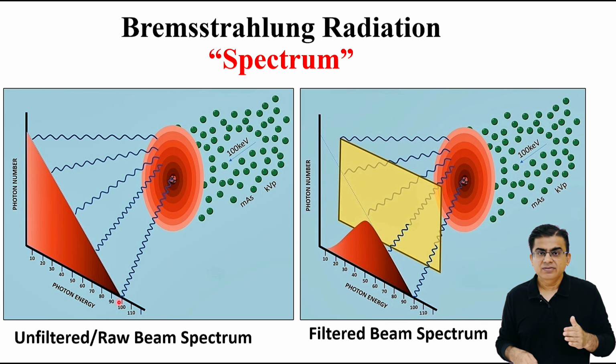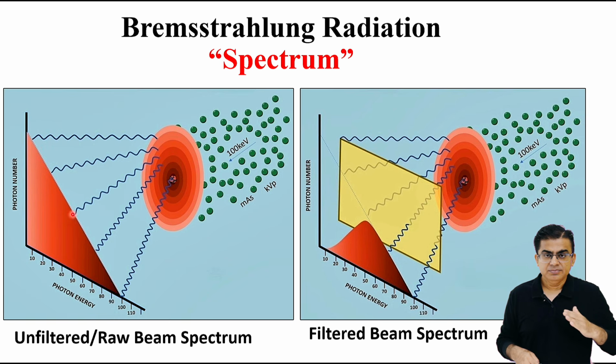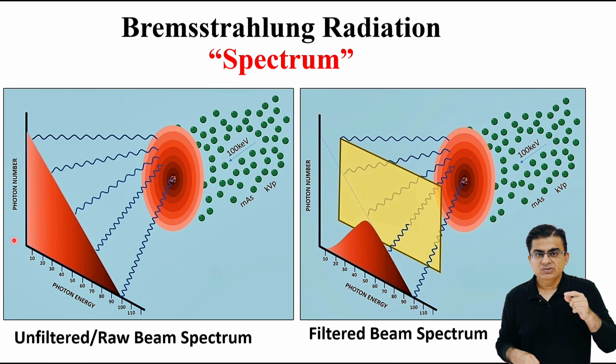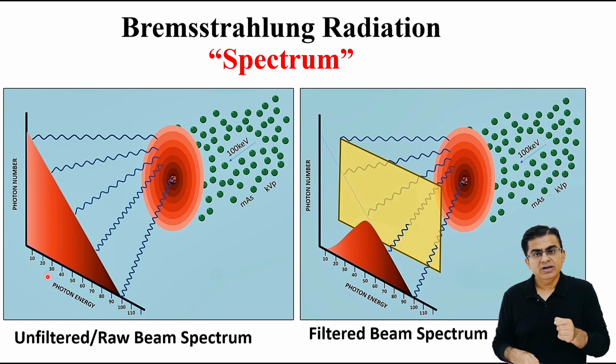It is a curve with slanting shape. Look at the vertical y-axis. This y-axis shows the total number of photons, which means the total amount of X-rays produced. Now look at the horizontal x-axis. The x-axis shows the exact energy of those newly born X-ray photons.